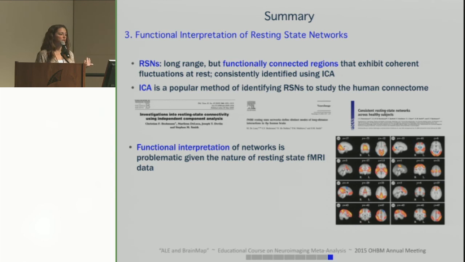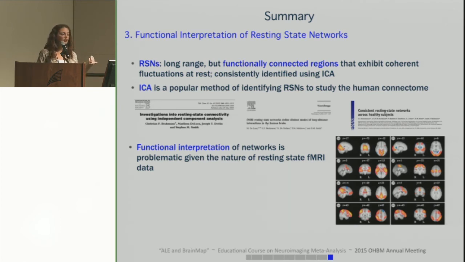An additional resource that's available in the BrainMap database is relevant to resting state networks. We know that resting state networks are long-range, functionally connected regions that exhibit coherent fluctuations at rest. These are consistently identified using ICA, so I'm sure you're very familiar with ICA resting state networks. The functional interpretations of these networks can be fairly problematic because participants are at rest.